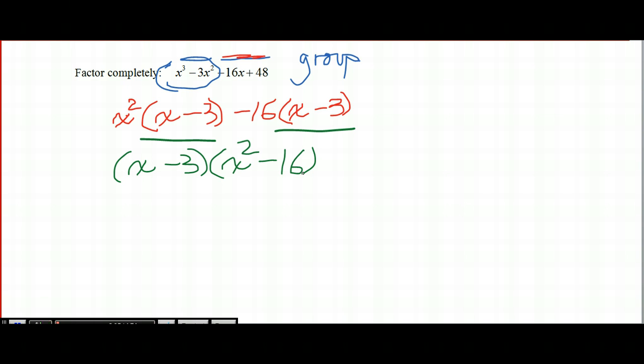Of course, that's not done. This x squared minus 16 can be factored further.